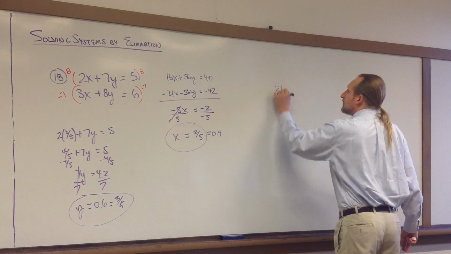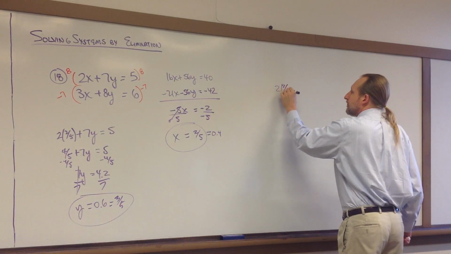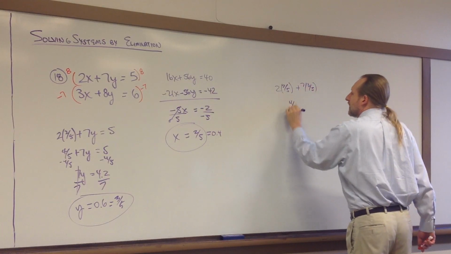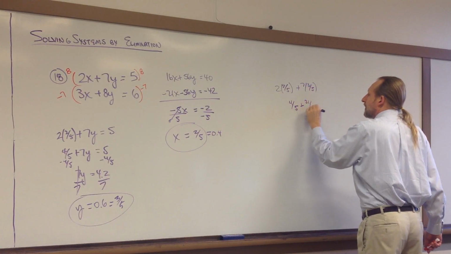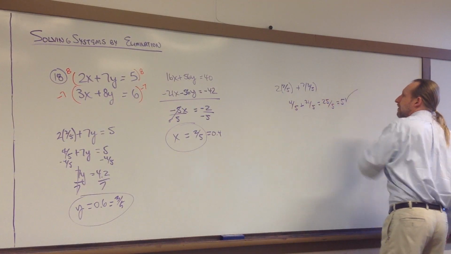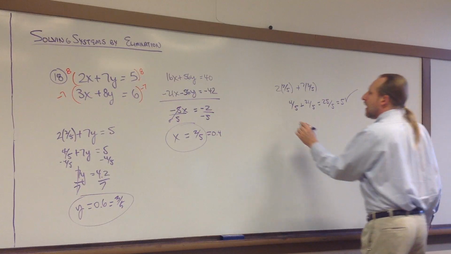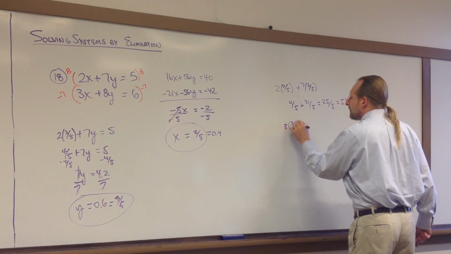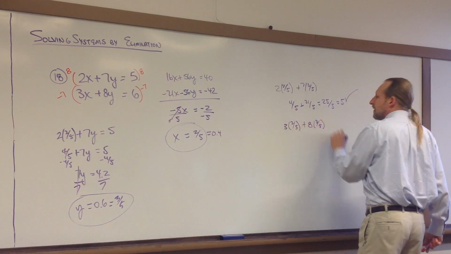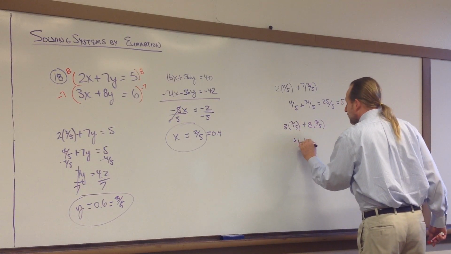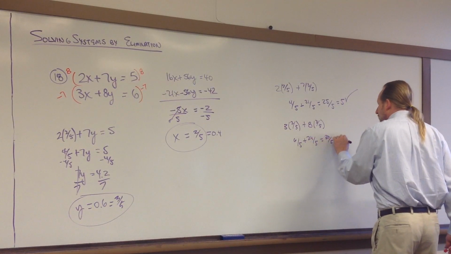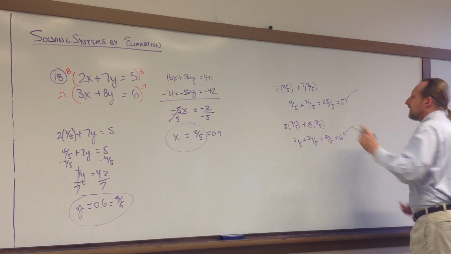So 2 times 2/5 plus 7 times 3/5, that's 4/5 plus 21/5, 25/5, which is 5. That's what we wanted. Good. 3 times 2/5 plus 8 times 3/5. Let's see here. 6/5 plus 24/5, 30/5, which is 6. Excellent. And there we go.